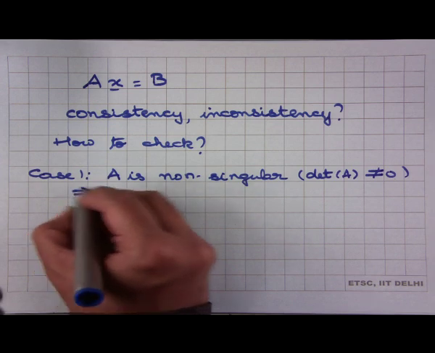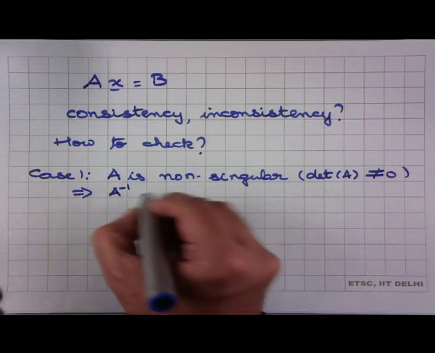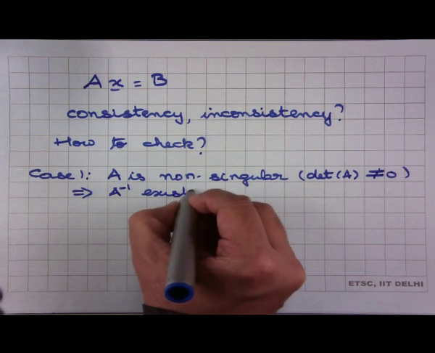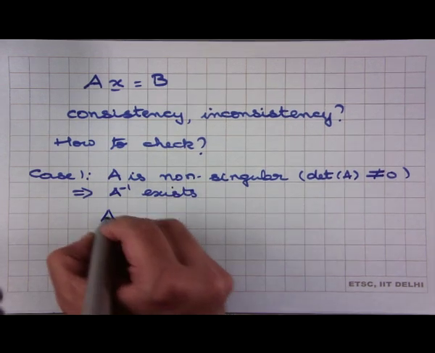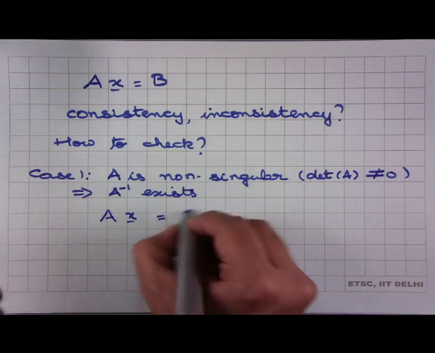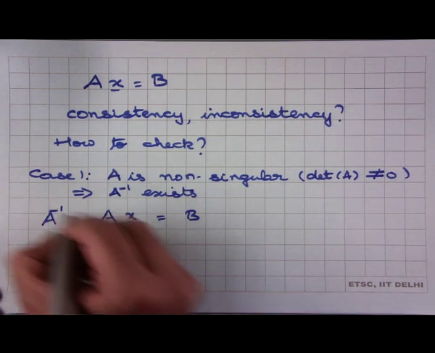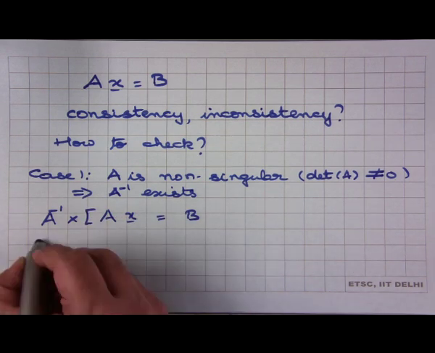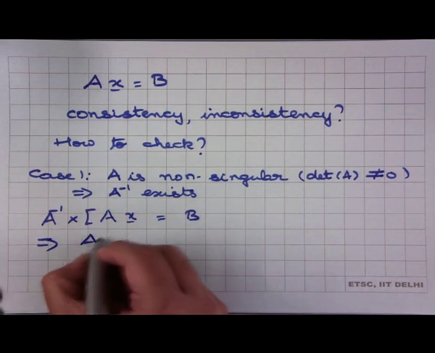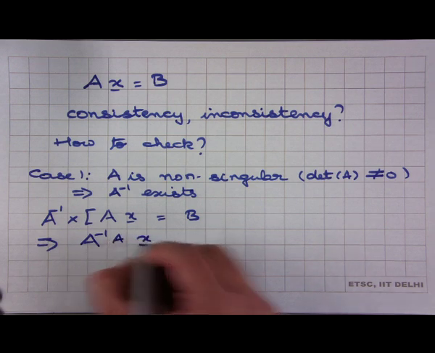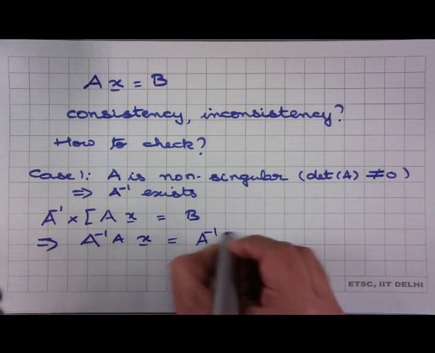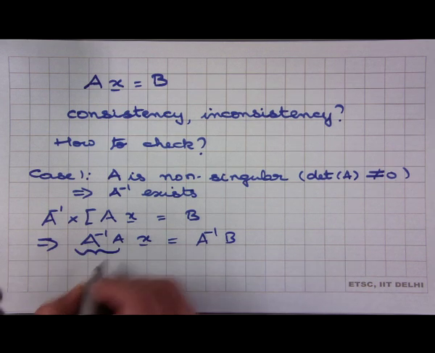The immediate implication is A inverse exists. So, if A inverse exists, let us multiply both sides of this equation by A inverse. What do we get? We get A inverse A x bar is equal to A inverse times b. This we know is identity.